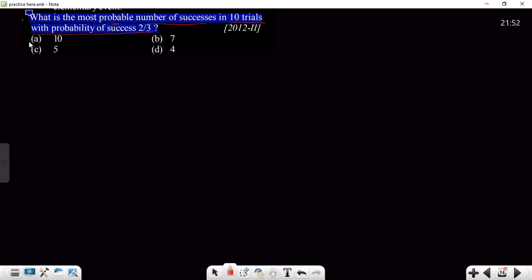Explain. Think. So it's 2 by 3 into 10. N is equal to 2 by 3 into 10, which will get us N is equal to 6.67.